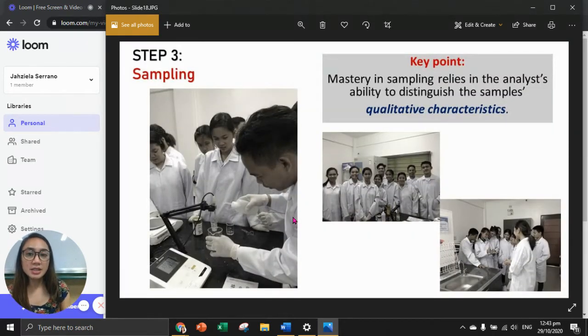So, for example, in sampling, sabi, key point, mastery in sampling relies on the analyst's ability to distinguish the sample's qualitative characteristics. So, that's why our qualitative chemistry is very important last semester.